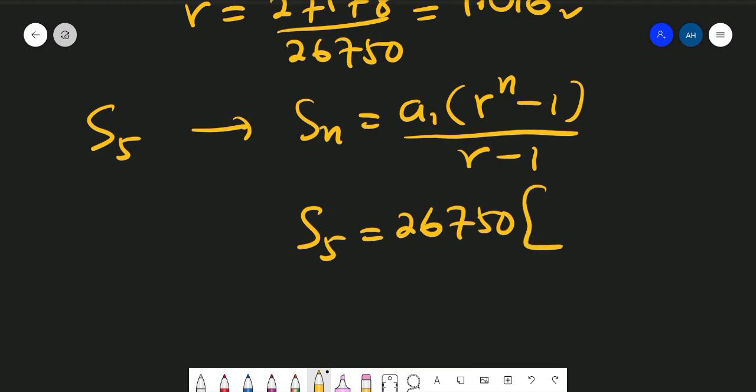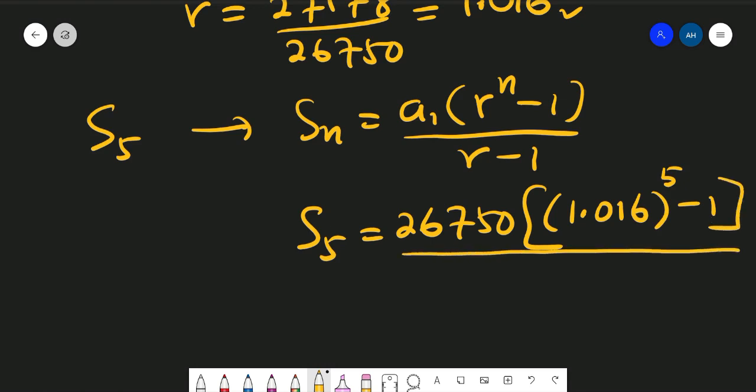S5 equals a1, which is 26,750, times (1.016 raised to n, that is n equals 5, minus 1, then close bracket). We have to divide all this by r minus 1, that is 1.016 minus 1.